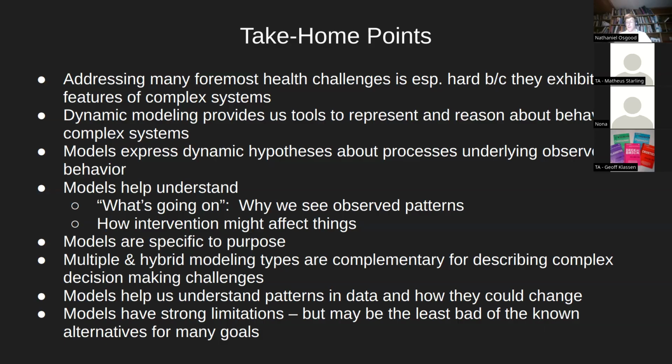And so it is, I feel, about dynamic modeling and about agent-based modeling as a particularly powerful example of that. It may be the least bad of the known alternatives for many goals, for many types of reasoning and deliberation and action.